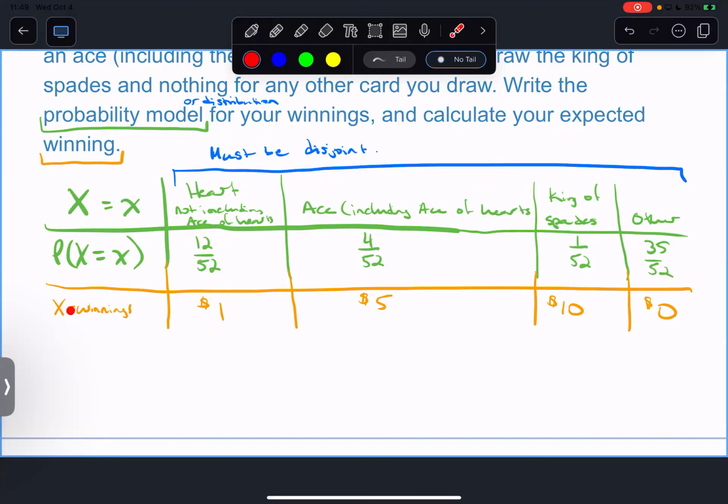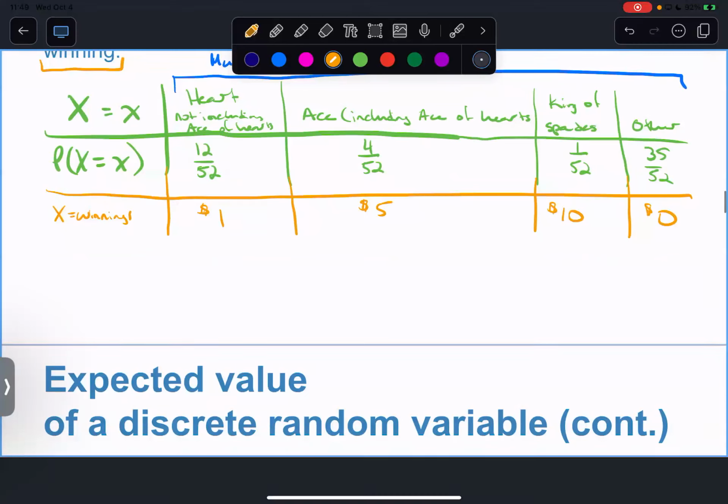So the expected winnings, I'll call it E of X, is technically, you can write the summation notation first, and then introduce all the individual outcomes multiplied by their probabilities.